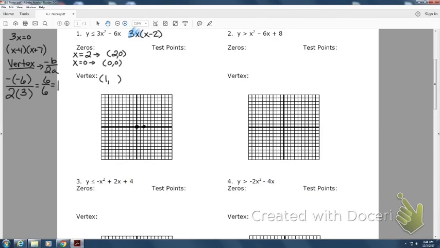So I've got 3 times 1 squared minus 6 times 1. This math should not be very difficult. 1 squared is 1. 3 times 1 is 3. 6 times 1 is 6. 3 minus 6 is negative 3. So there's my vertex.